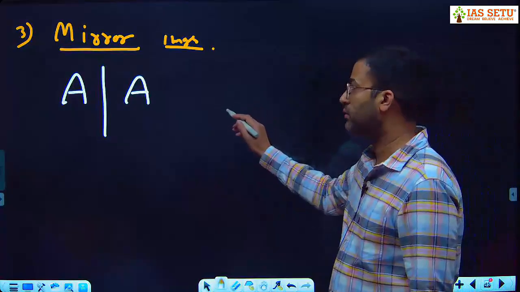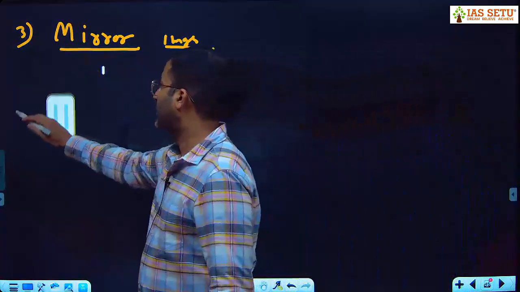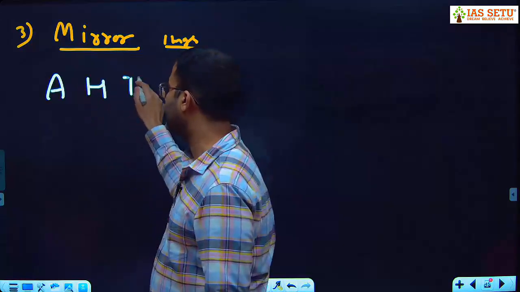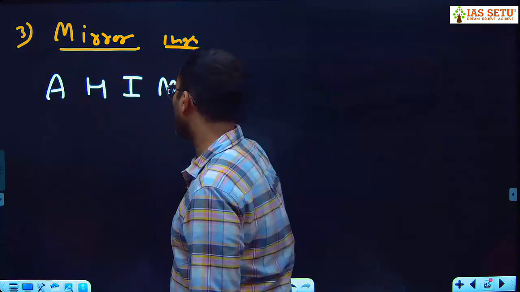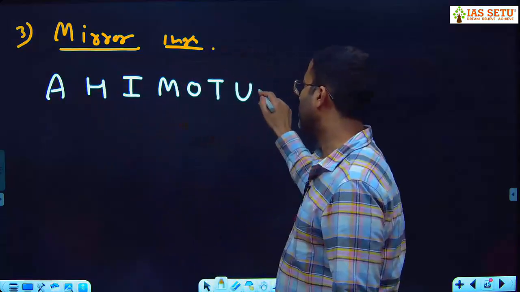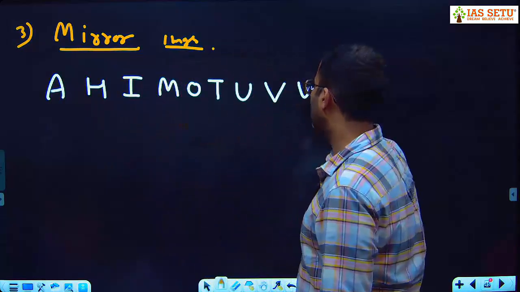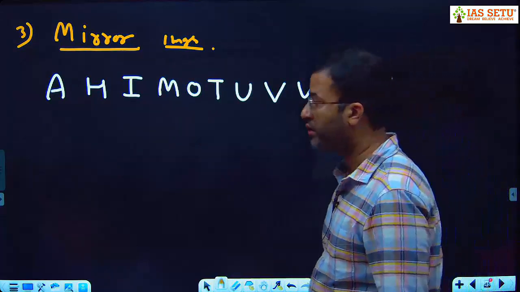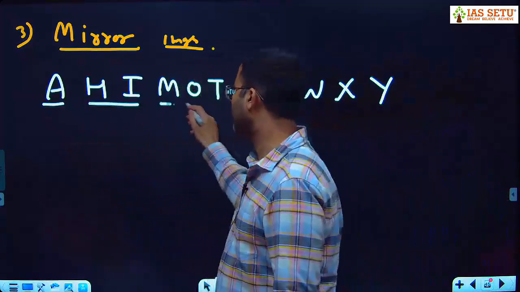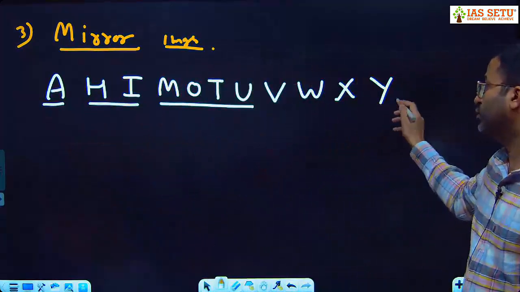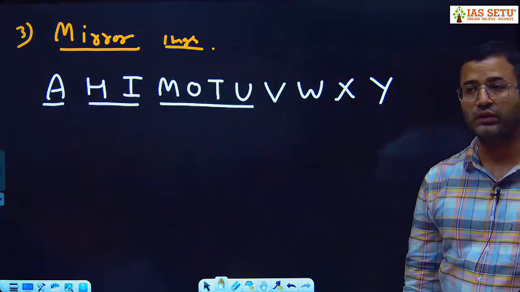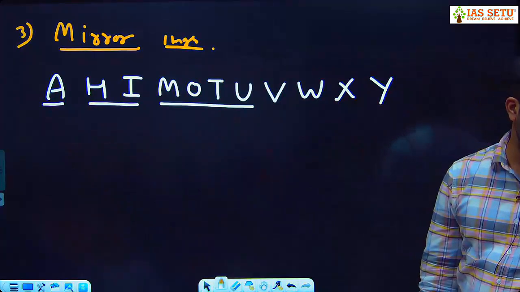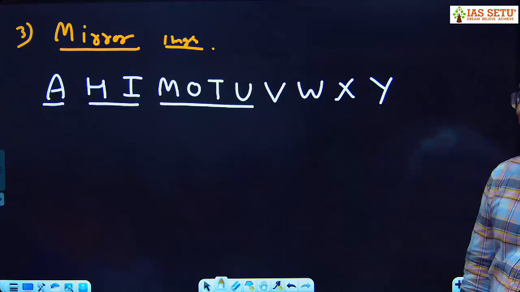You write: A, H, I, M, O, T, U, V, W, X, Y. How do I remember this? A, high, motu, V, W, X, Y. Okay. A, H, I, M, O, T, U, V, W, X, Y.